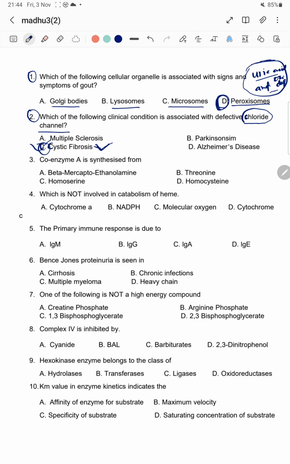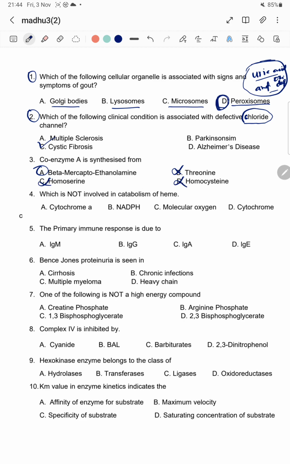Now move on to the third MCQ. Coenzyme A is synthesized from. The correct answer is the first one, A itself. A, beta mercaptoethanolamine, is the correct answer, and B, threonine, is an amino acid, incorrect. Homocysteine is also an amino acid, incorrect.